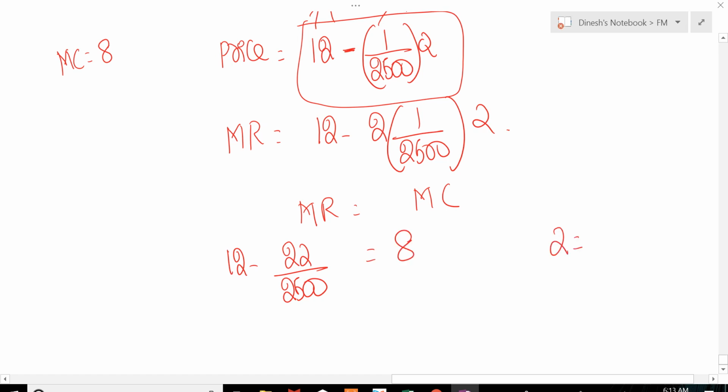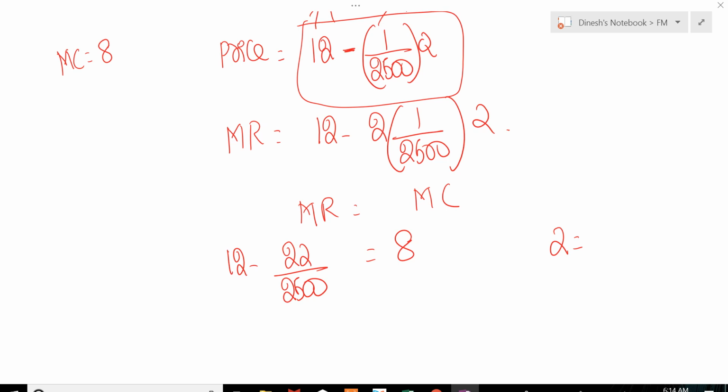Can you solve and tell me what is Q here? 12 minus 2Q by 2500 equal to 8.